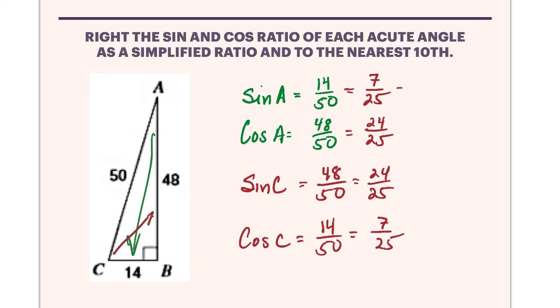Then as decimals, it says to the nearest tenth, well, this would be 28 hundredths, so to the nearest tenth, 0.3. This would be 0.96. So if we rounded this to the nearest tenth, it would be 1.0. 48 again would be 1.0. And 7/25, we just did that one. That's going to be about 0.3 to the nearest tenth on all of those.